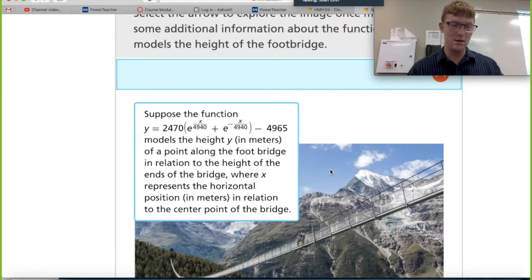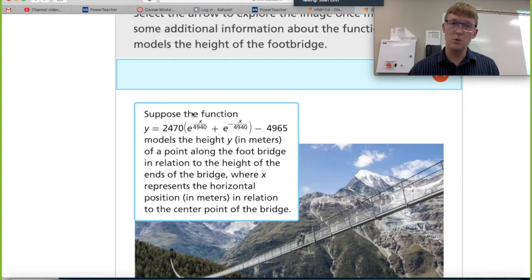So if you had your bridge like this, this is your lowest point. x is how far away from that center point you are, whether it's positive or negative.